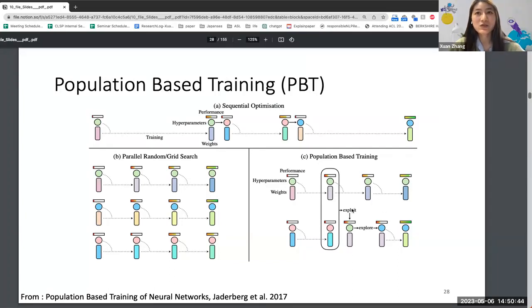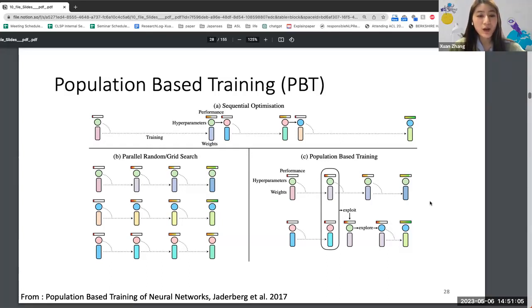Then it comes to population-based training. It starts like a parallel search. It first randomly samples hyperparameters, and each training run proceeds asynchronously, and its performance is evaluated periodically.